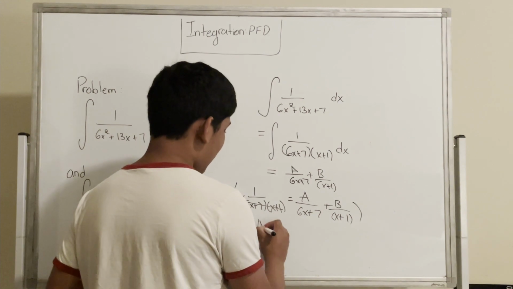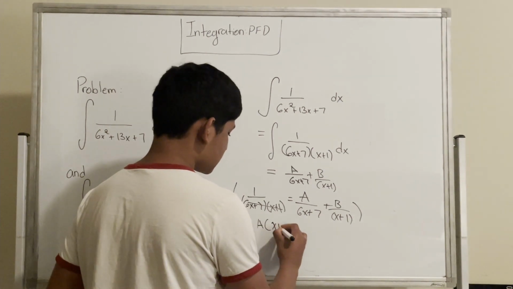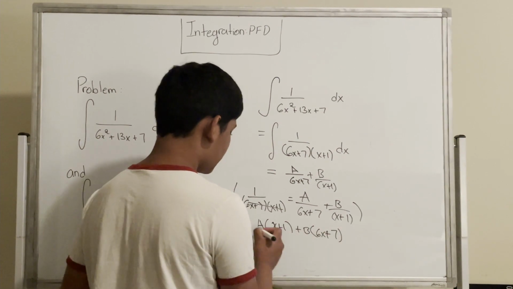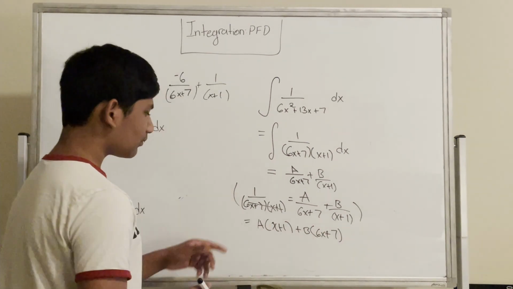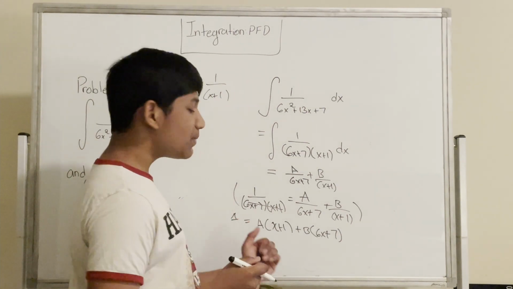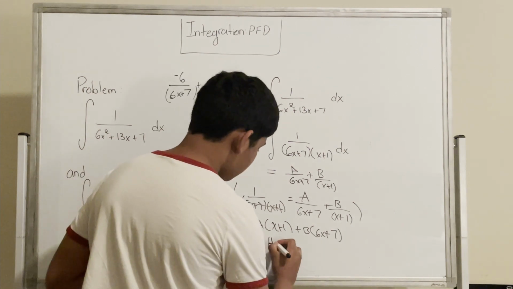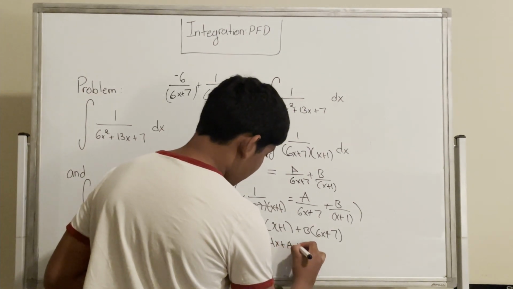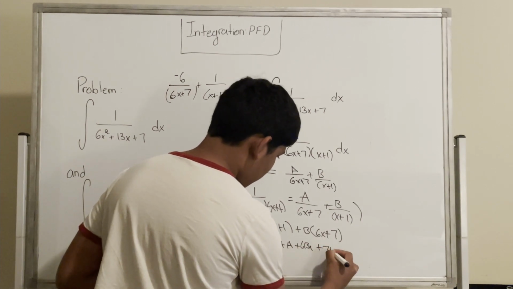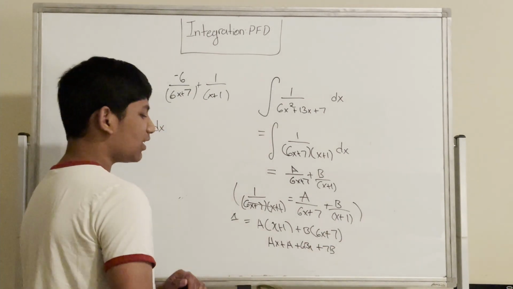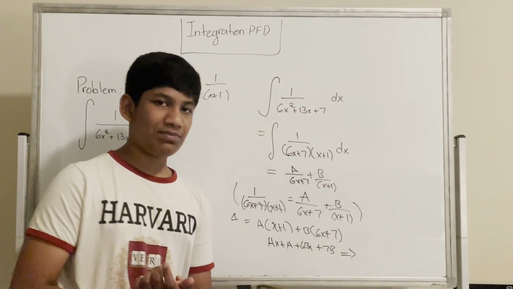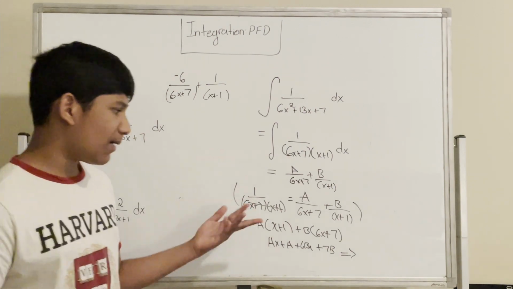So we got a times x plus 1 plus b times 6x plus 7 is going to equal 1. Now what we're going to do is distribute this. So we got ax plus a plus 6bx plus 7b. Now let's group the terms. What I mean by this is we know a and b are going to be constants, in this case numbers.